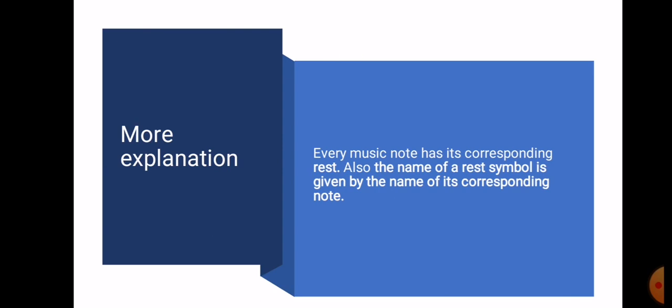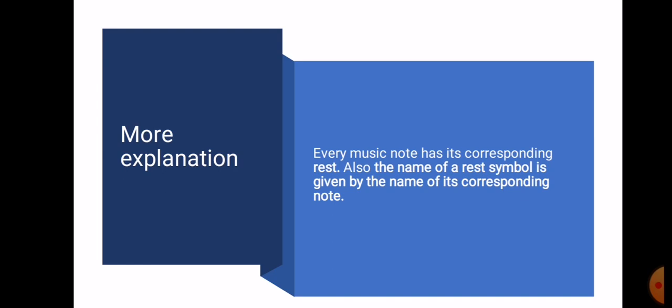Every music note has its corresponding rest. You know the music notes: we have the whole note or the semibreve, the half note or the minim, the quarter note or the crotchet, the 8th note or the quaver, the 16th note or the semiquaver, and others. All these notes have their corresponding rests.